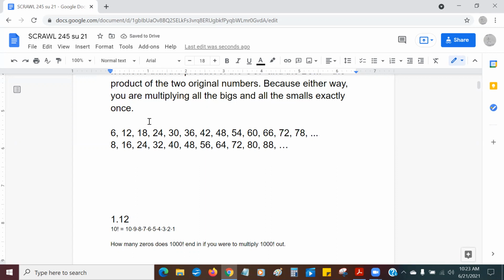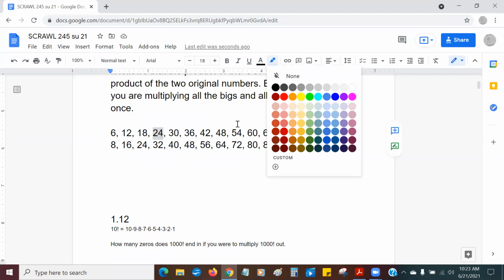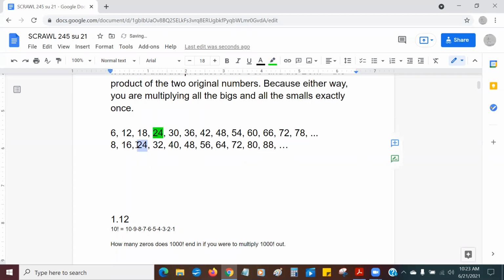So if you notice, these are the multiples of 6: 6, 12, 18, 24, and so forth. And these are the multiples of 8: 8, 16. There are certain numbers that are on both lists. For example, the number 24 is on the top list, and it's also on the bottom list.